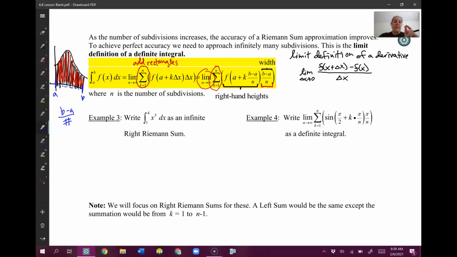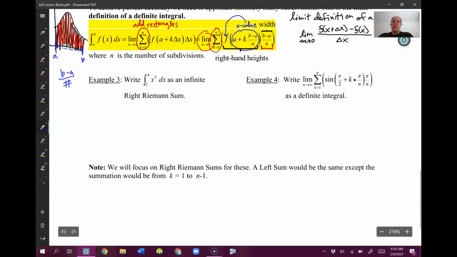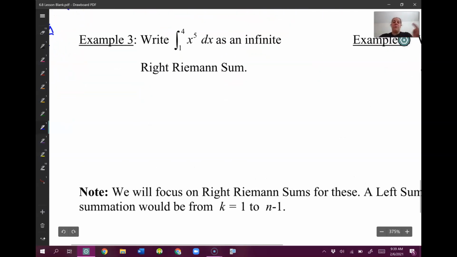And that's the width of each of those rectangles. This is the height of your rectangles, where you're taking this X value and plugging it into the function, and then that gives you your Y value or your height. So that's kind of what it means generally. I'm not going to go into it specifically anymore. I just want to talk about each of these problems and discuss how you do them.